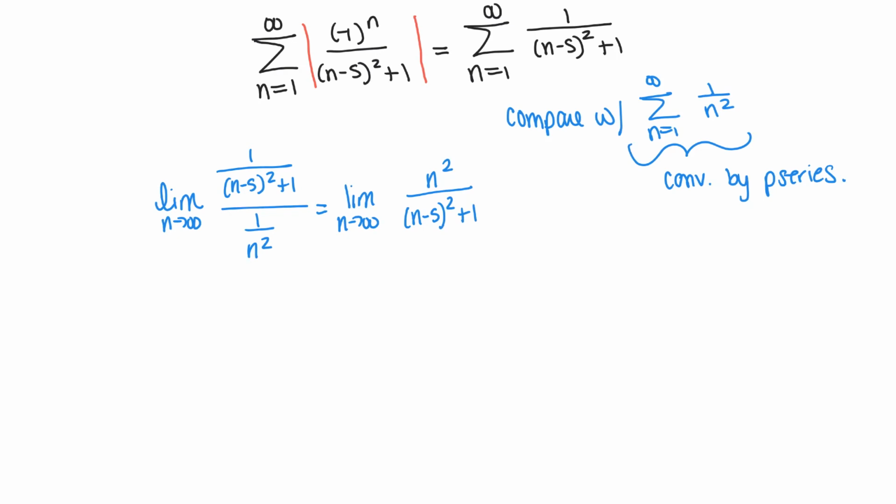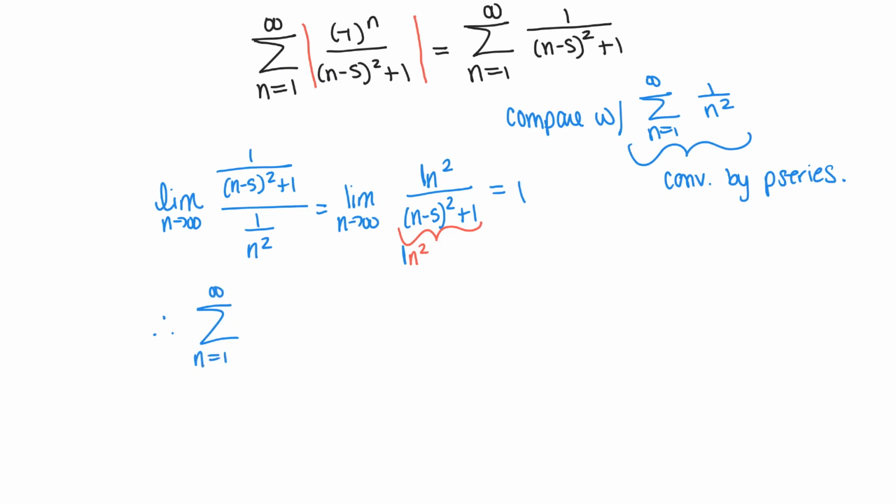I don't have to multiply this out. If I do, I know that the leading term will be an n squared, and that will be my highest power. Therefore, the limit as n approaches infinity would just be the quotient of its leading coefficients, which is going to be a 1, since I have 1's up there. And 1 is definitely finite. It is definitely positive.